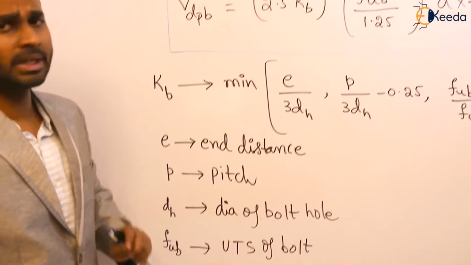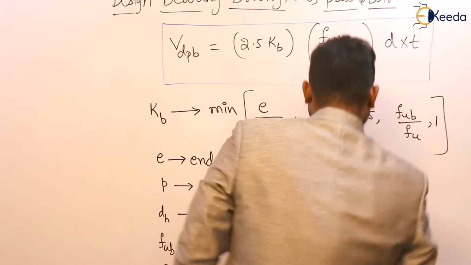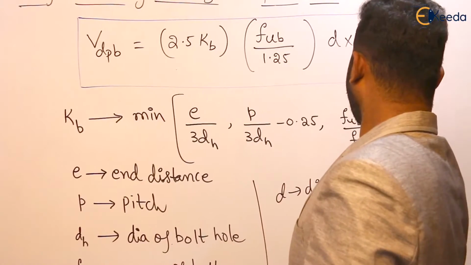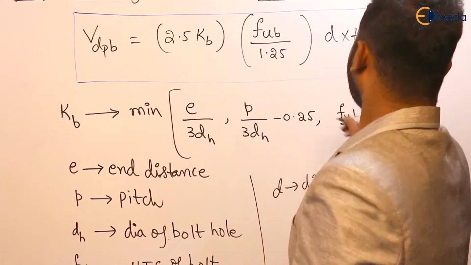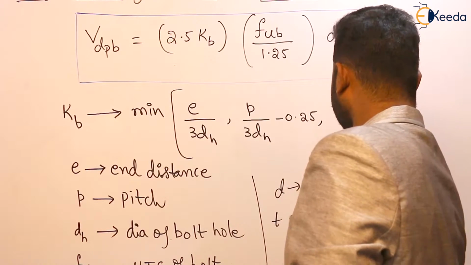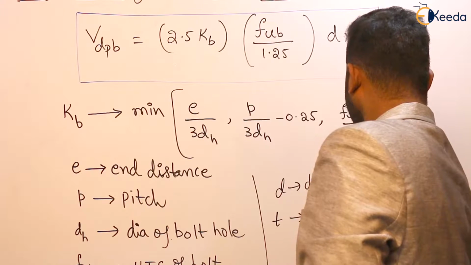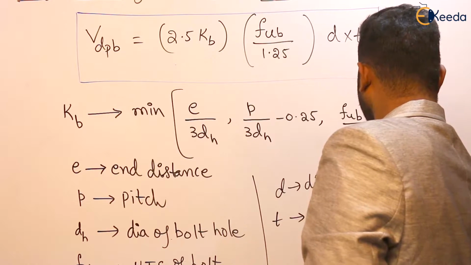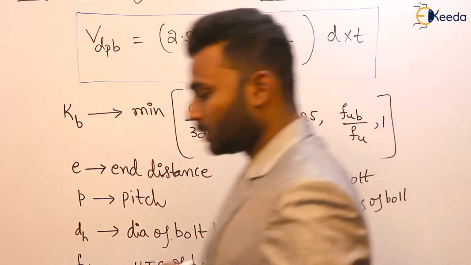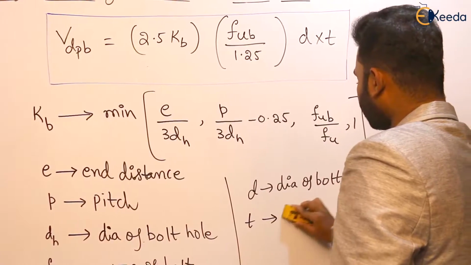And coming to d, d is the diameter of the bolt. And then t is the thickness. Thickness of the bolt, sorry, thickness of the plate. So actually it is the minimum thickness.